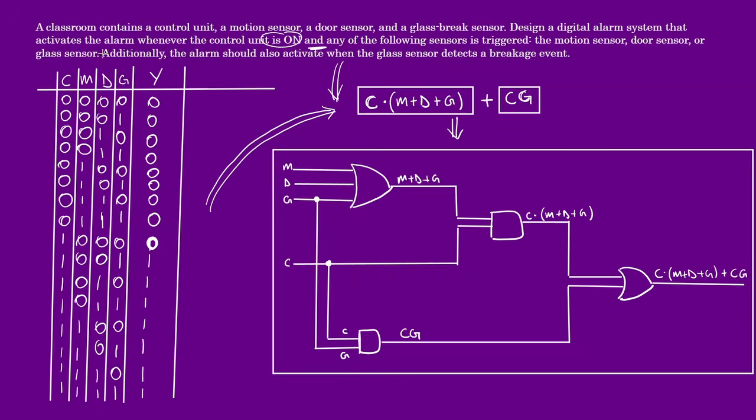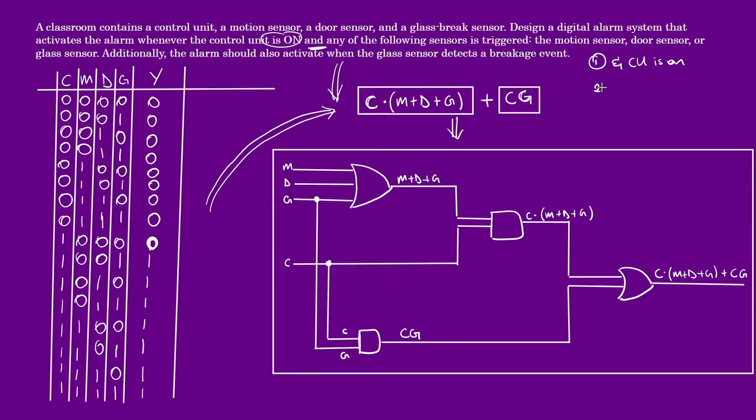Remember that the second part of the question says that the alarm should activate when the glass sensor detects a breakage event. So that means when I have a breakage event and my control unit is on. That's the first way we could solve this, and with the control unit on, this will be the resulting expression.